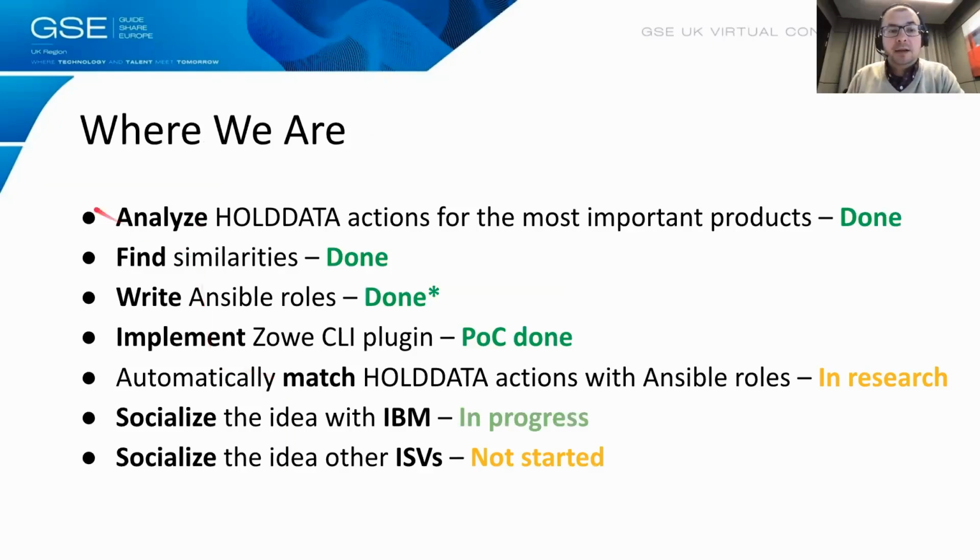What we did at Broadcom was that we analyzed whole data for, I would say, the most important products. True, we probably missed some, but the intent was to review the actions in the whole data and to review the way they are written.